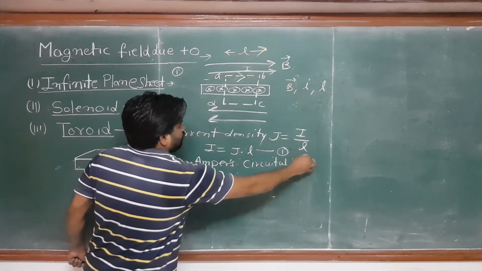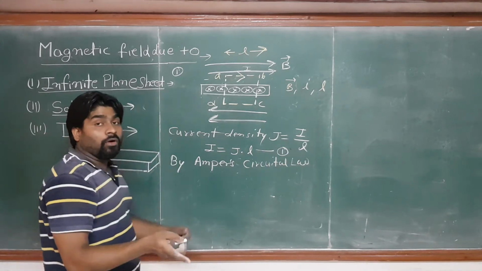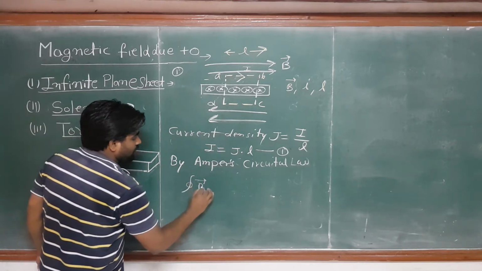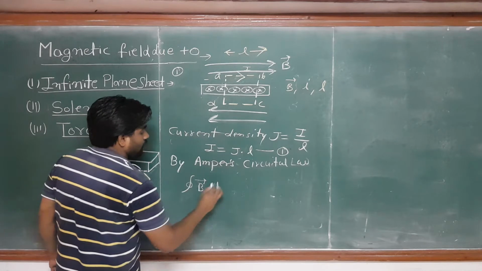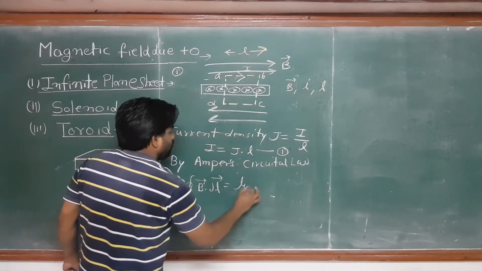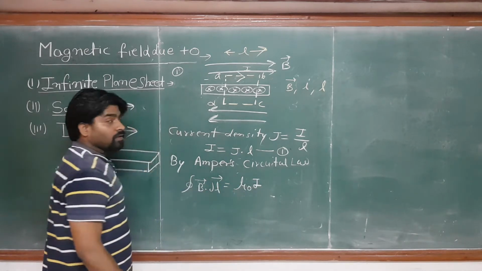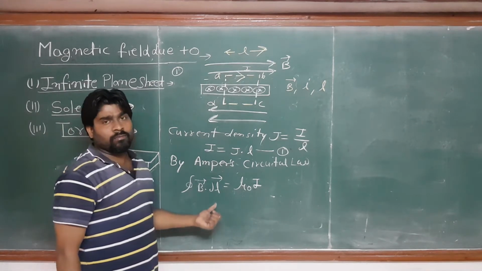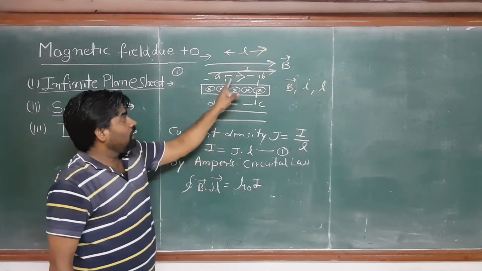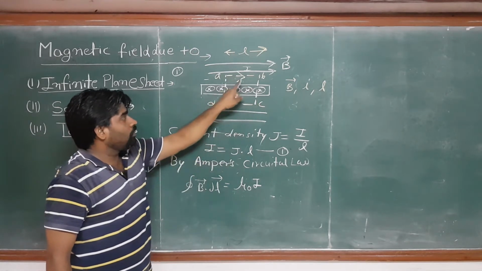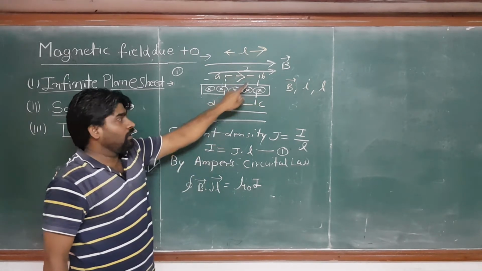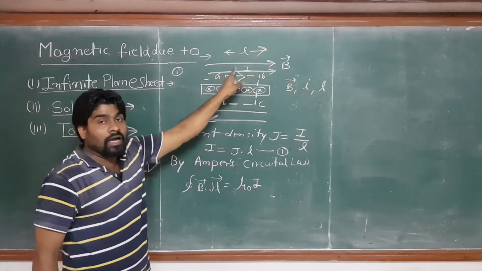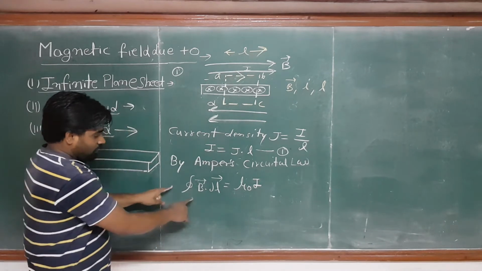Now you have to see the application of Ampere's circuital law here. The line integration of vector B dot vector dL is always equal to mu naught times I. Here dL is the small element, one side you can say. There are four sides, so you can say L as dL. But the line integration is telling you to count the entire side.